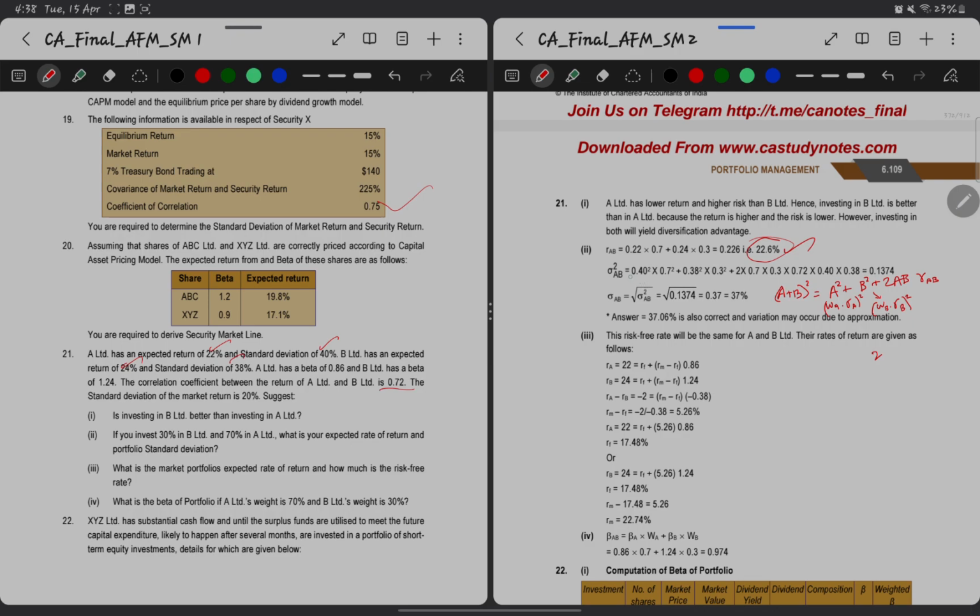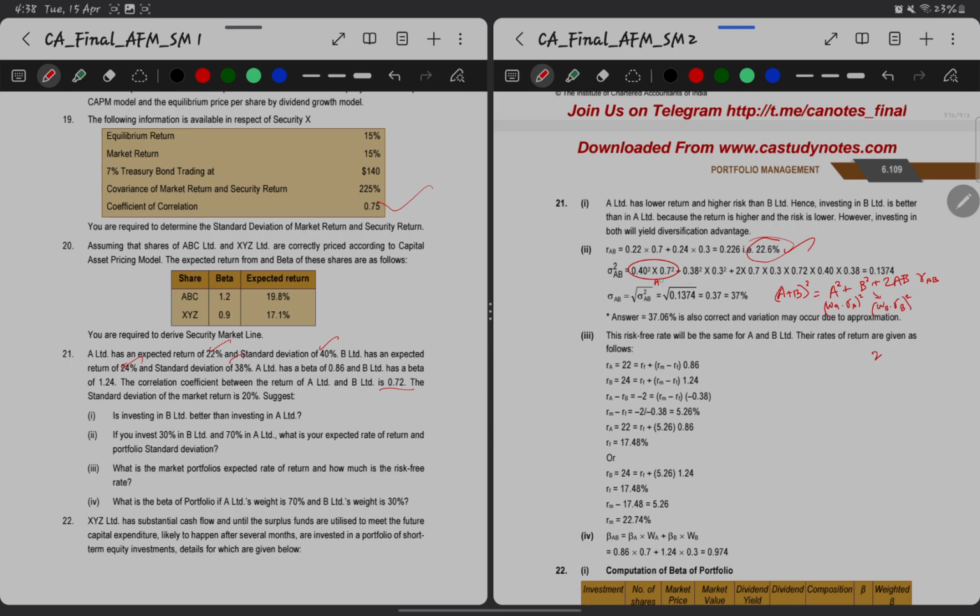Same thing we can notice here. This is weight of A multiplied by standard deviation, which is 40%, the whole squared, separately. Since it is in multiplication, anyway it's the same.